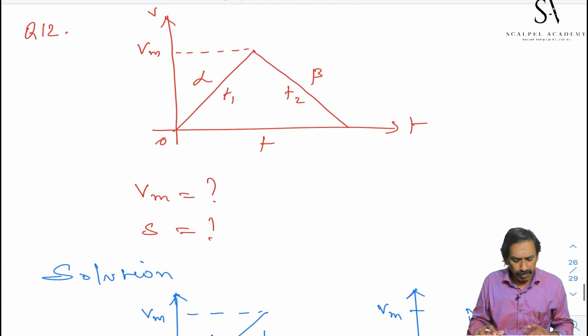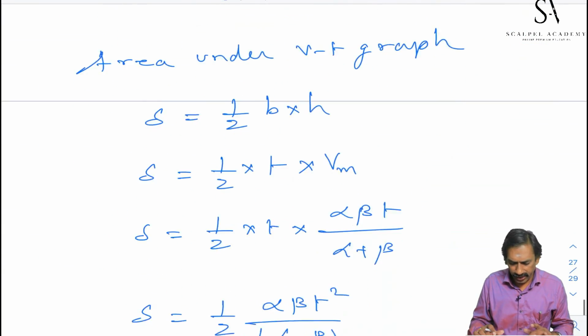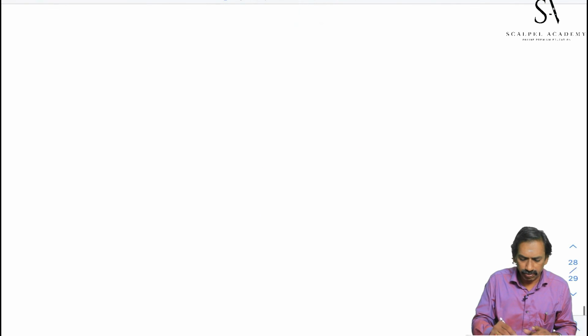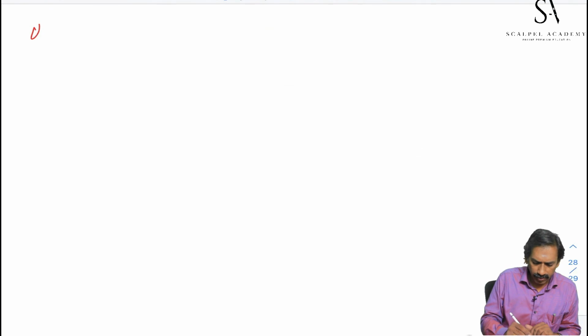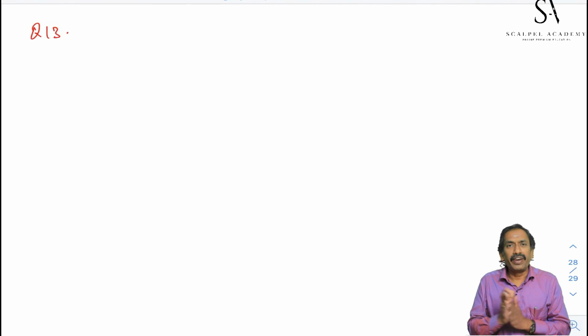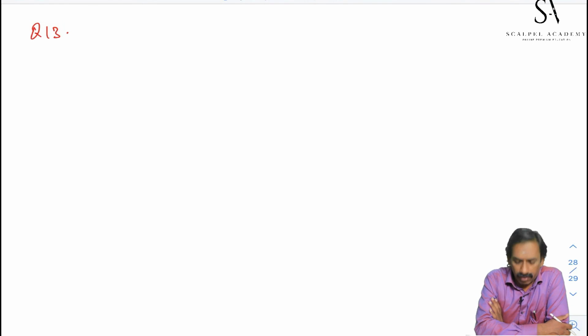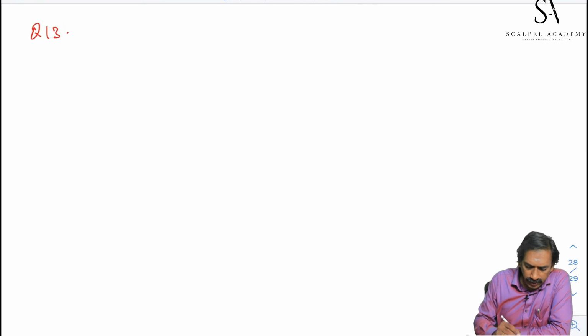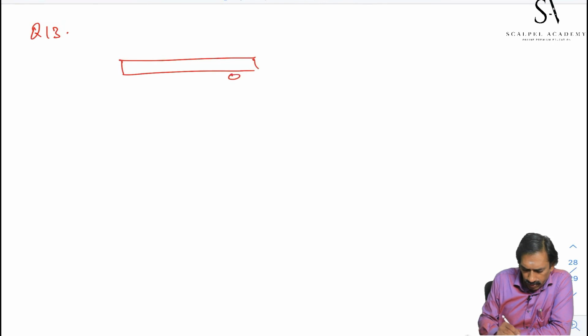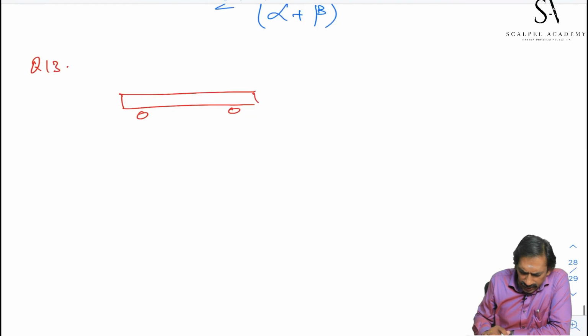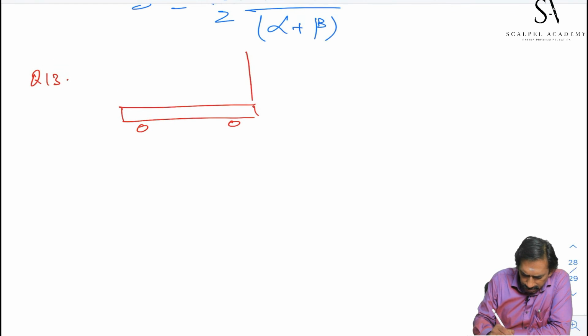Okay, student, we pass on to the next problem, 13th problem. A train is moving with a constant acceleration. This is the train. Its engine is crossing a pole. This is the pole.